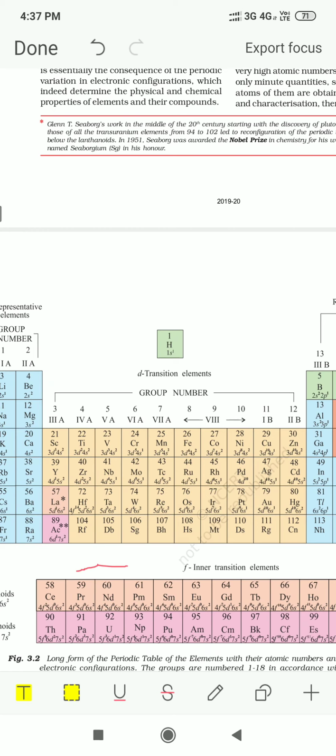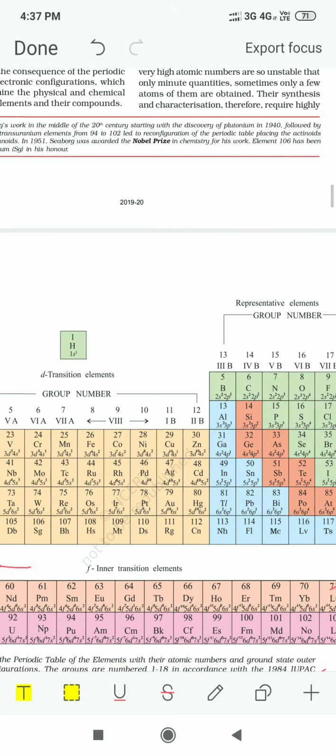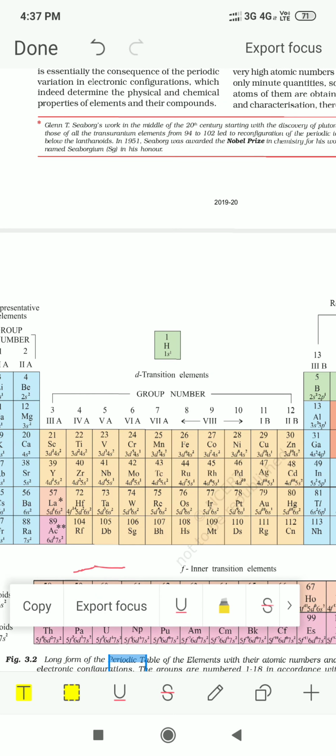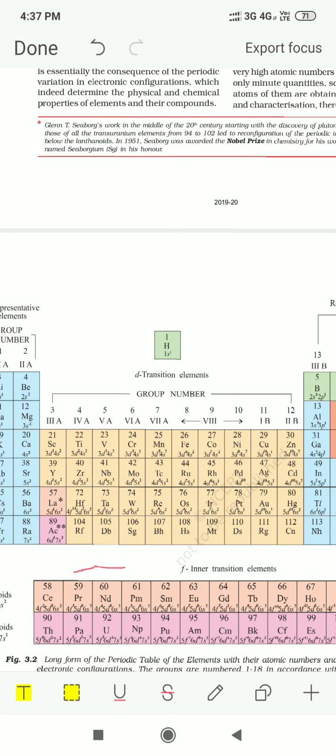All the elements present after uranium in the actinide series are known as transuranic elements, because these are all radioactive elements.